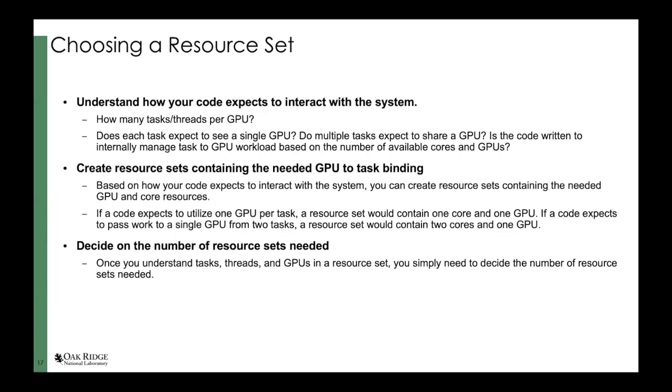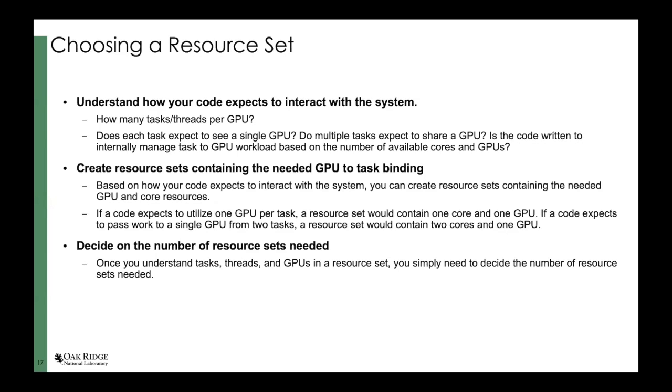Once you know what that looks like, whether you want 2 tasks to a single GPU, or 40 tasks talking to 6 GPUs, whatever that looks like, that will be your resource set, and that is step 1.